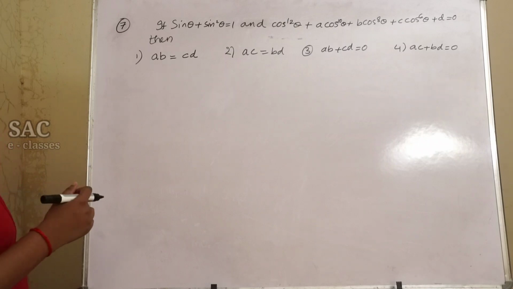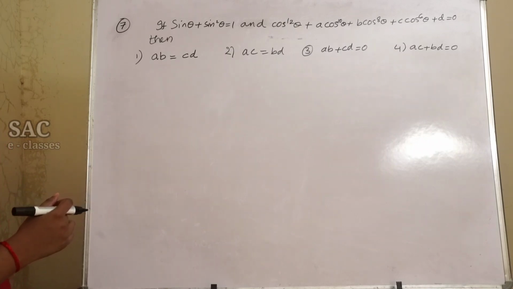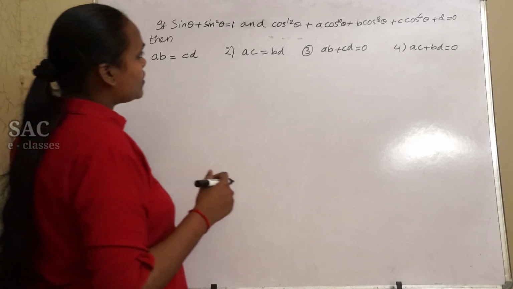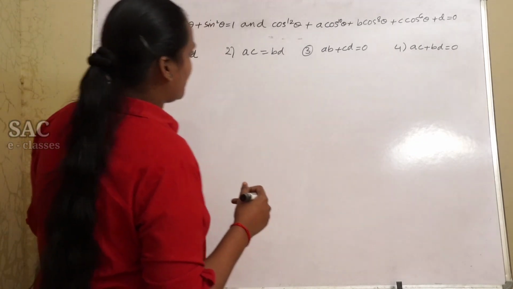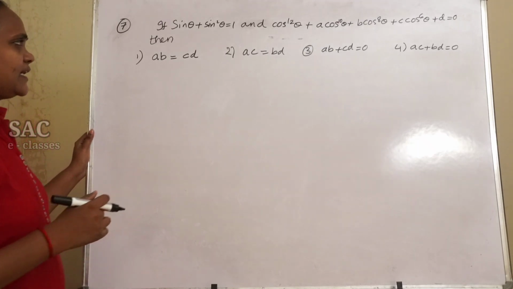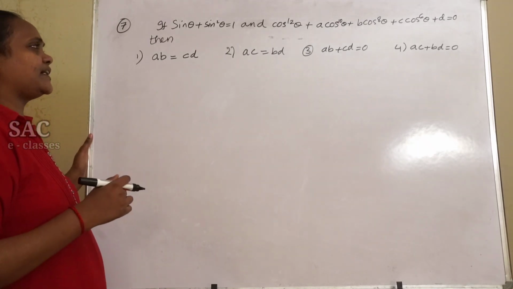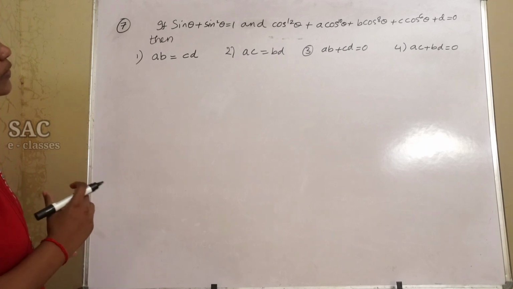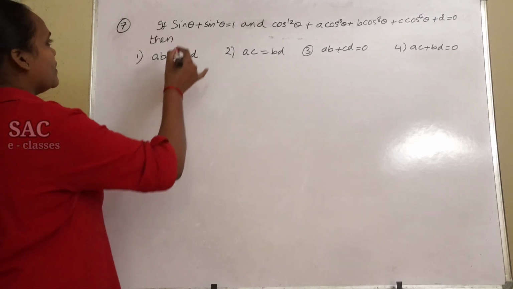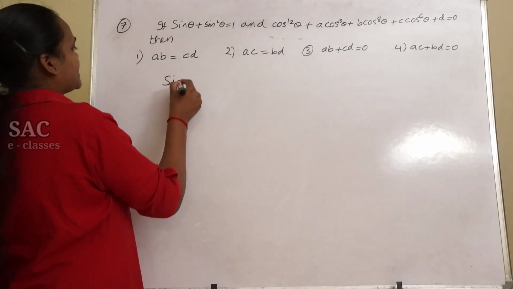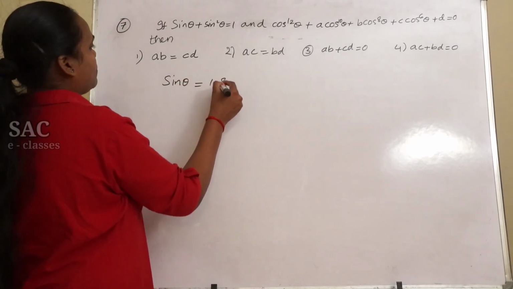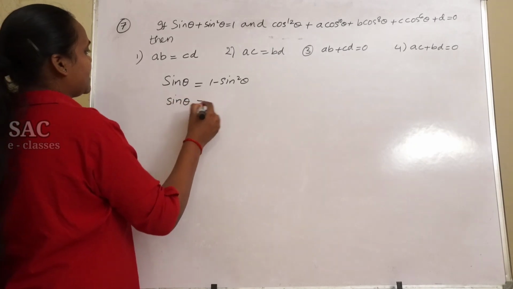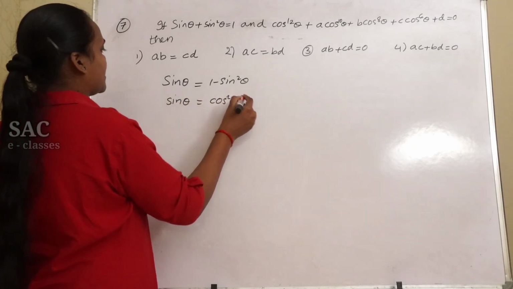Now look at problem number 7. If sin theta plus sin square theta is 1 and also cos power 12 theta plus a into cos power 10 theta plus b into cos power 8 theta plus c into cos power 6 theta plus d equal to 0. Very simple. First of all, can I write sin theta is equal to 1 minus sin square theta? Then sin theta is equal to cos square theta.